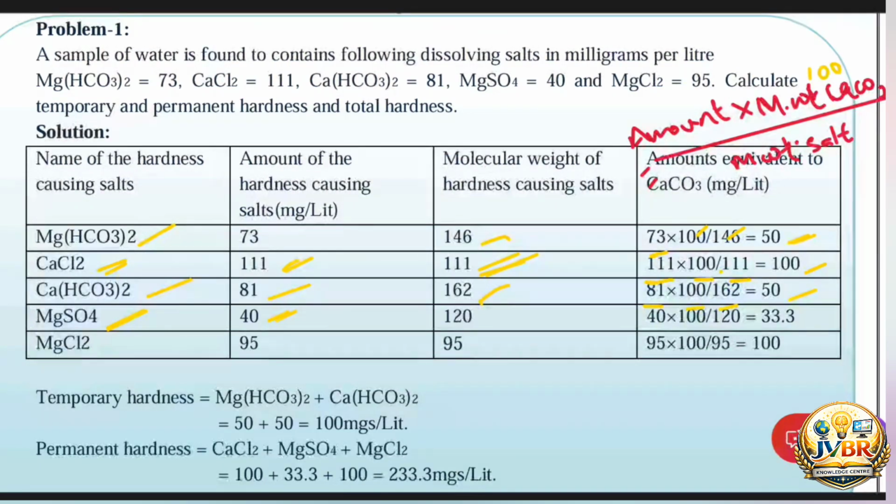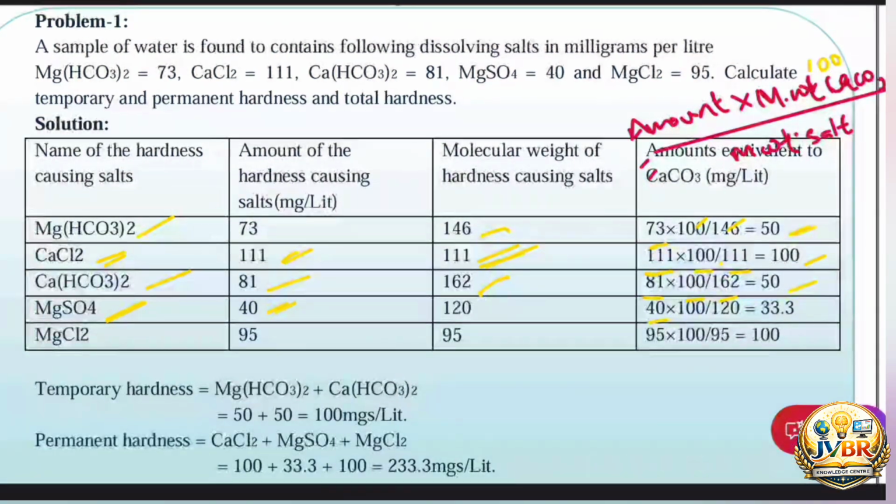Weight of the salt is 40 into 100 by molecular weight of magnesium sulfate, that is 120. So we will get 33.3. And next, magnesium chloride. Weight of the salt is 95 into 100 by molecular weight of magnesium chloride, 95. So we will get 100.